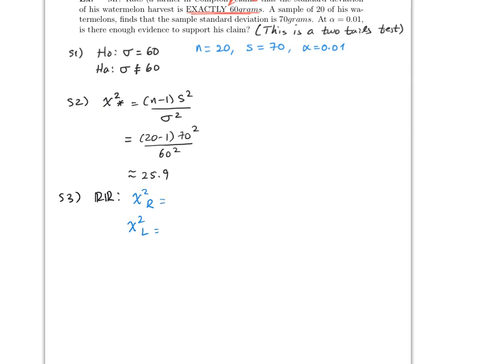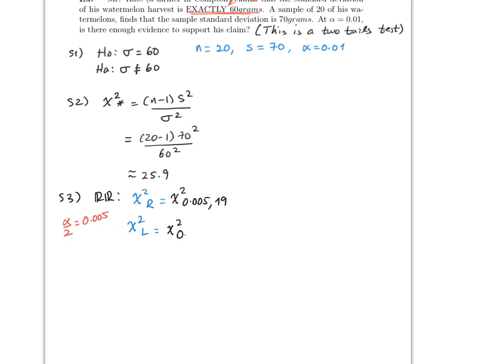Remember, since alpha is 0.01 and this is 2 tails, alpha has to be divided by 2. So in this case, this will be 0.005. So therefore, chi square right will be chi square 0.005 with 19 degrees of freedom. Why 19? Because n is equal to 20.